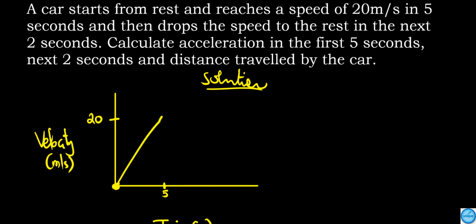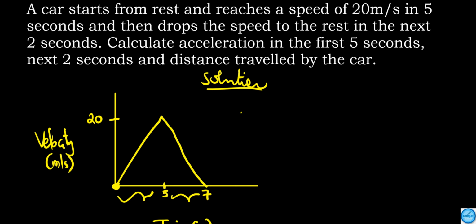It then drops the speed to rest after 2 seconds, something like this. So after 2 seconds, it will be 7 seconds here. Now we should find the acceleration in the first 5 seconds, the acceleration in the next 2 seconds, and the distance traveled.